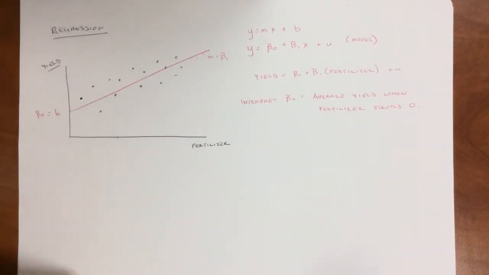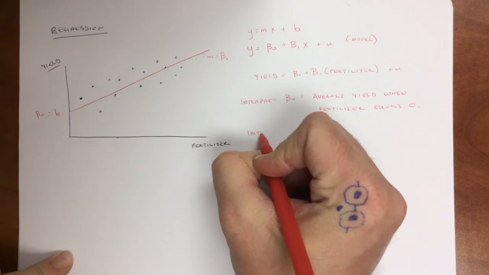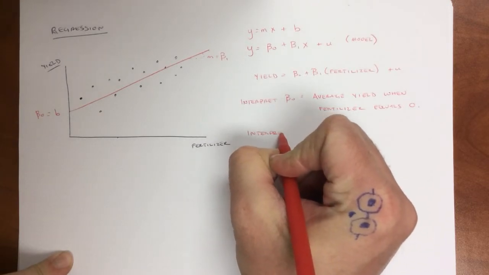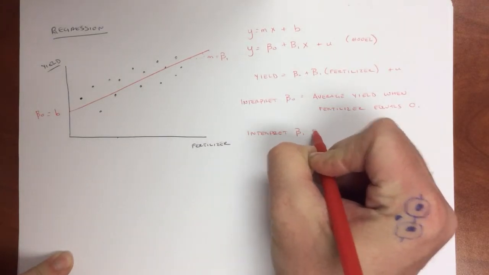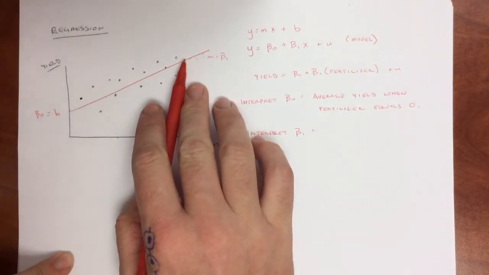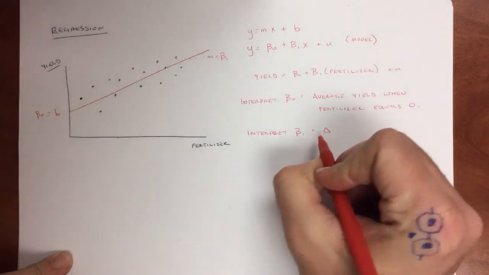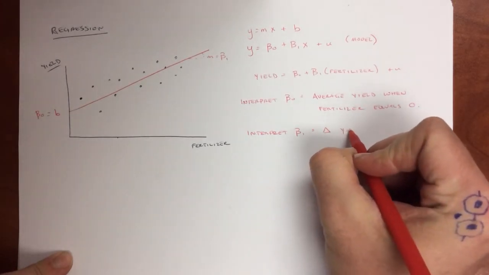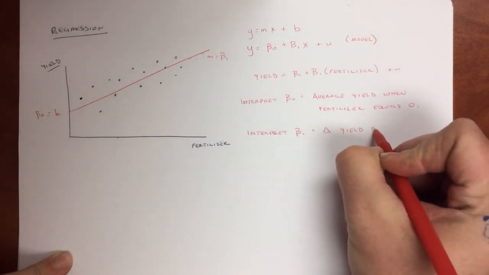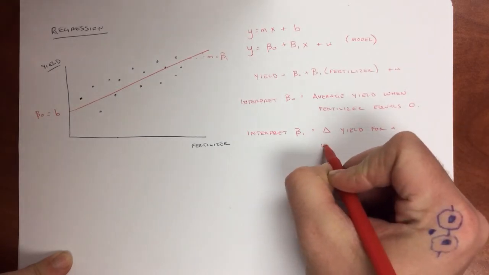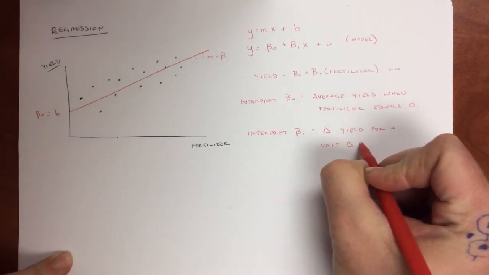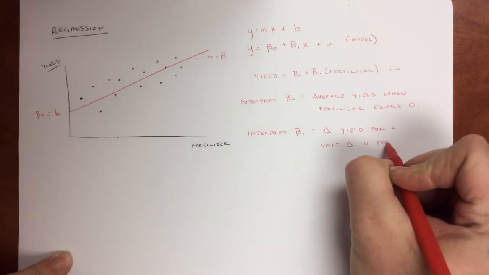All right. Next is, how do we interpret beta 1? Well, beta 1 again is our slope, which is the change in y over change of x. So it's going to be the change, so I'll use delta, in yield for a unit change in fertilizer.